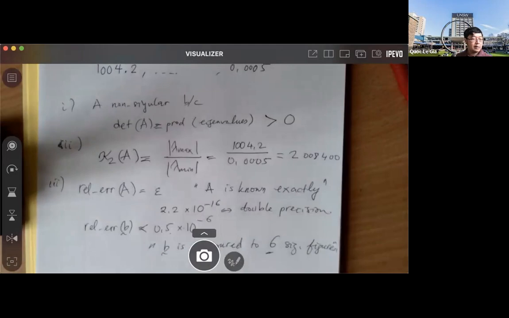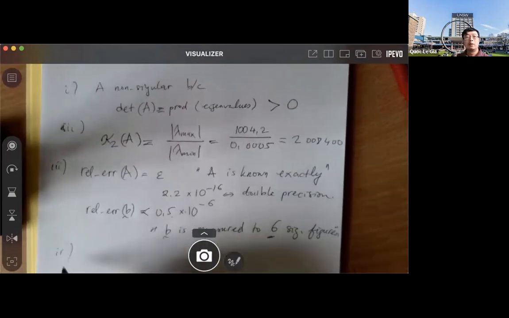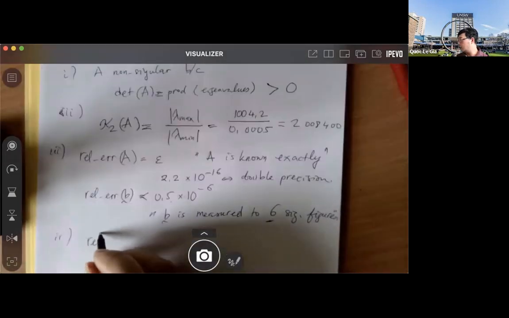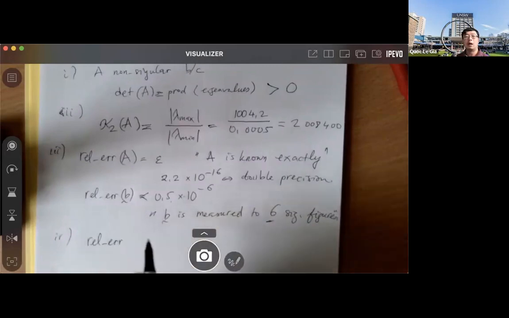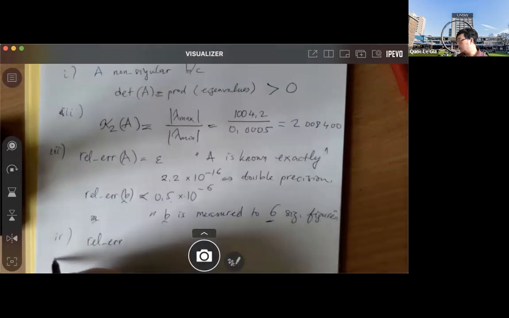So now estimate the relative error in X. When you compute Ax equals B, this is the theorem in chapter 3. I believe the theorem is 3.1.7, so check theorem 3.1.7.